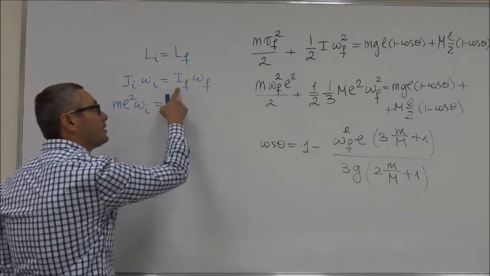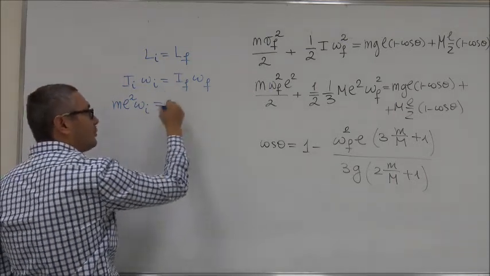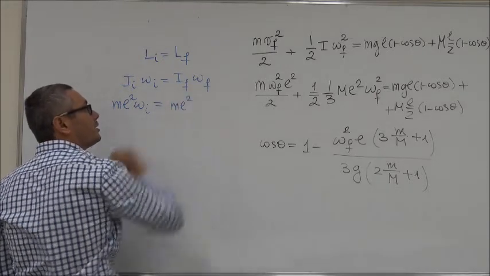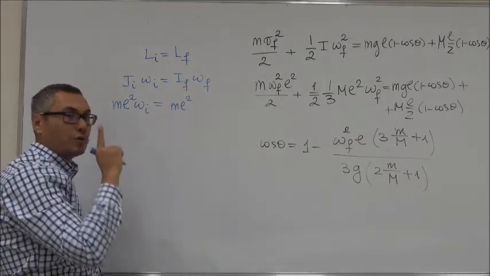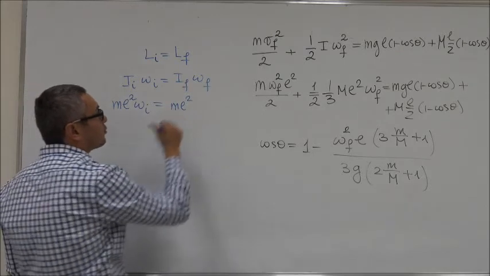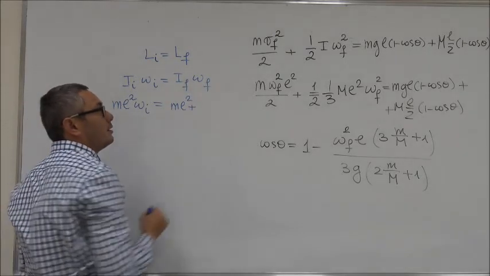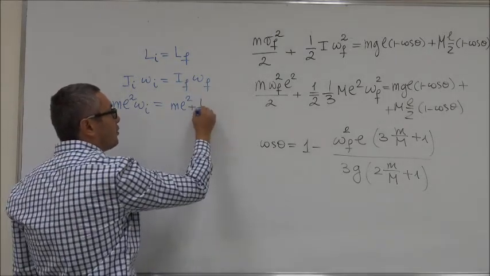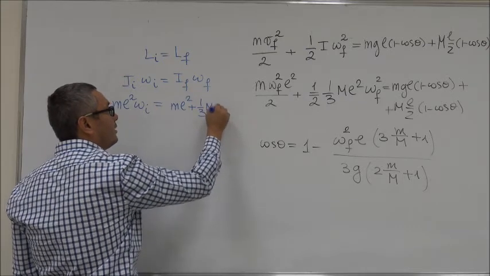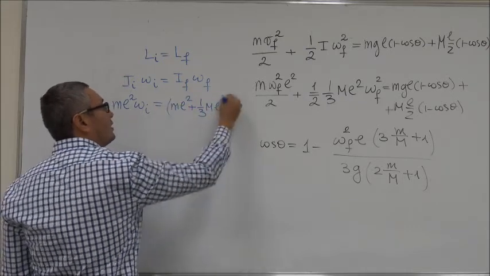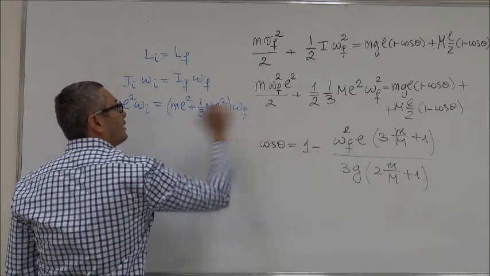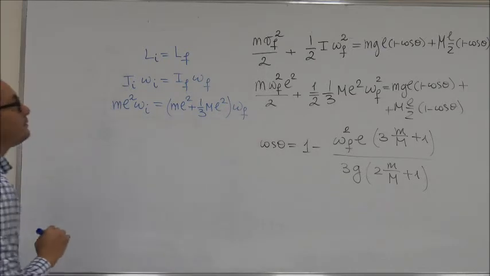So right after the collision, we still have the block, so that's ml squared. But now we have the rod as well. So the rod is equal to 1 over 3 ml squared. Omega final.